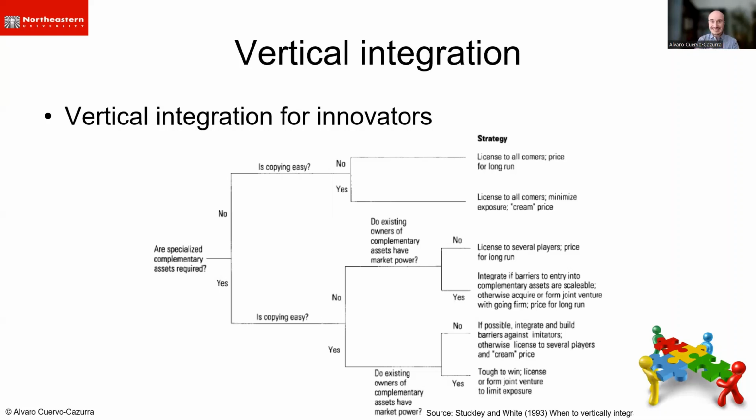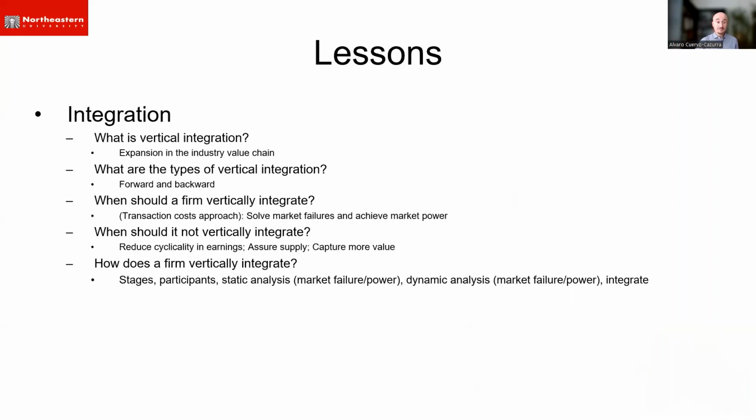So there are different stories. And the logic here is combinations of market failures and market power. How do we analyze this? How do we basically try to get a map of the industry, the conditions, and what will be good for us? So that's the story of vertical integration.